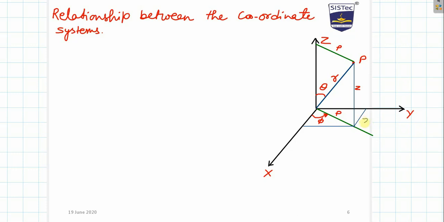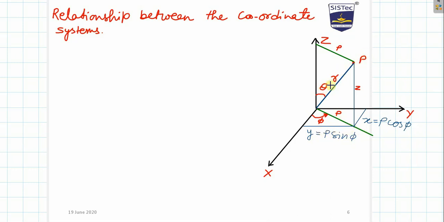So x equals rho cos phi, because it makes an angle of phi with the x-axis. Now what is this? This is going to be your y, equal to rho sin phi.